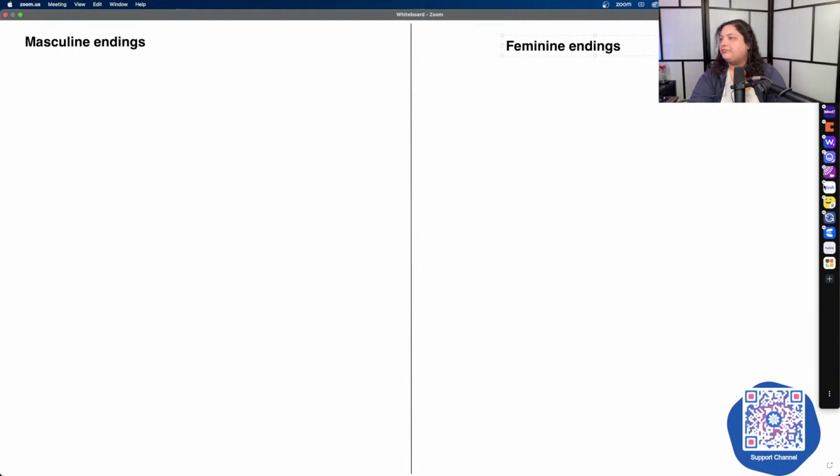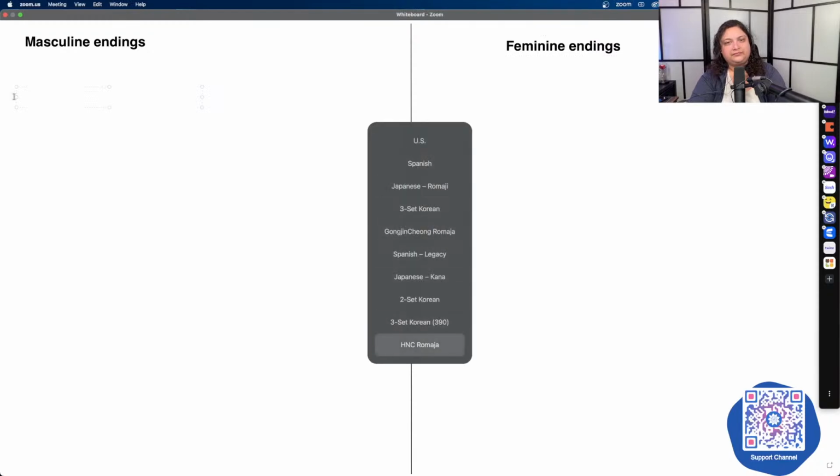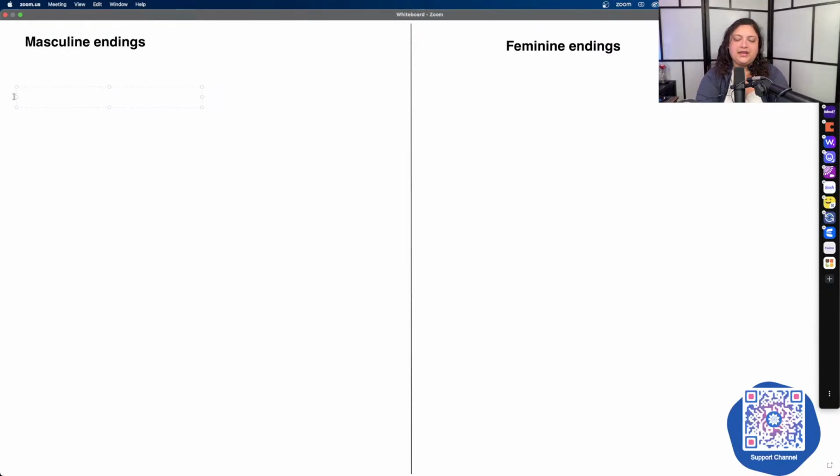Okay. So words ending in an accented IA, like día, is going to be masculine. Words ending essentially in MA. For an example, clima, which is weather or climate.